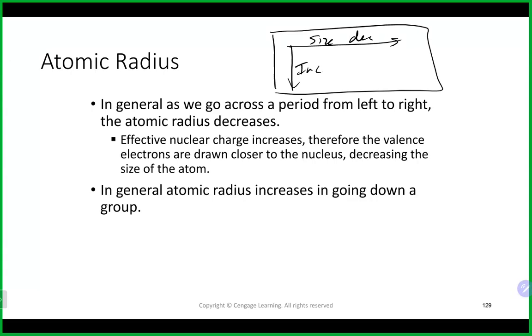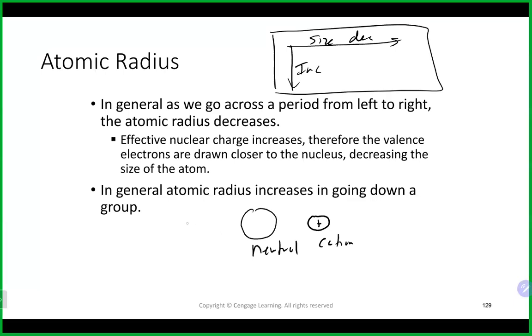We talked about previously that if a neutral atom becomes a cation, it will typically become smaller in size, because it loses electron density.